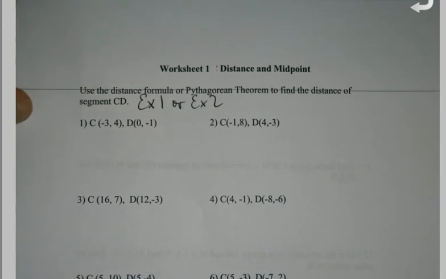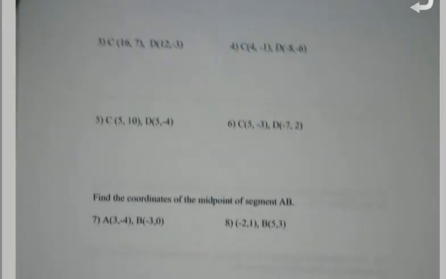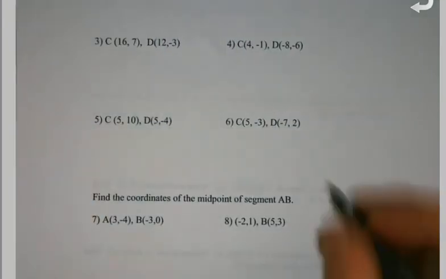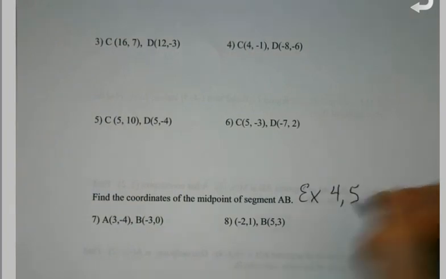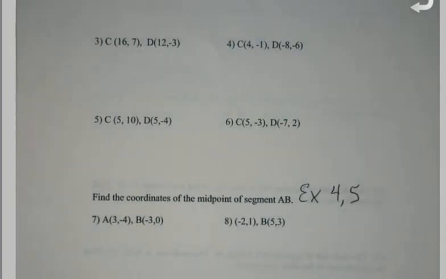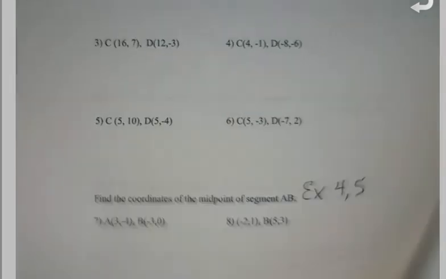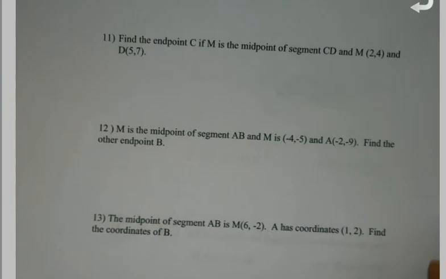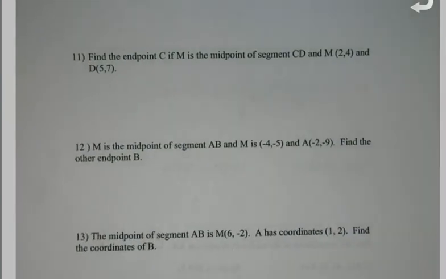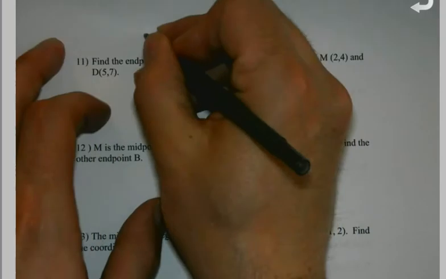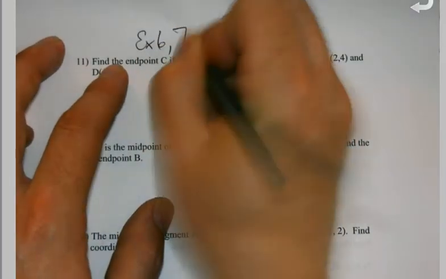When you get down to the second part on the bottom, where it says find the midpoint, you would use example 4 or example 5, because that's where the formula is at. And then finally, when you get over to the back, I give you one of the endpoints and tell you to find the other one. That would work the same way as examples 6 and 7 do.